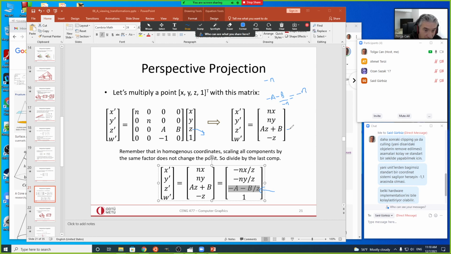And this should also be true: minus a minus b divided by minus f. If its z coordinate was minus f in the first place, it should remain as minus f. Okay, n and f are given constants. So this gives me two equations with two unknowns. What is a? What is b? We need to figure this out by these two equations, two unknowns, to derive the values for a and b.